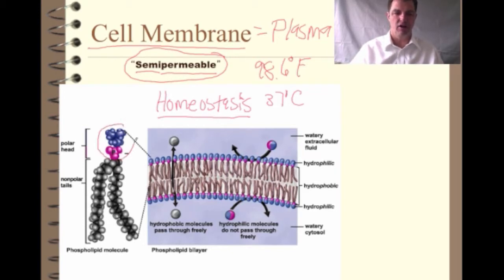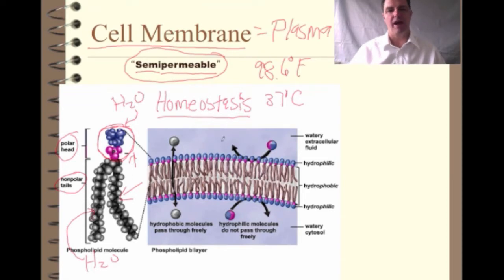You might remember from before that the big main component of a cell membrane is a special lipid called phospholipids. The phospholipids have what we call a polar head and non-polar tails. These are the non-polar tails right here, and this is the polar head. Water can stick to this, but water does not stick to this part. So in a cell membrane, you form what's called a phospholipid bilayer.